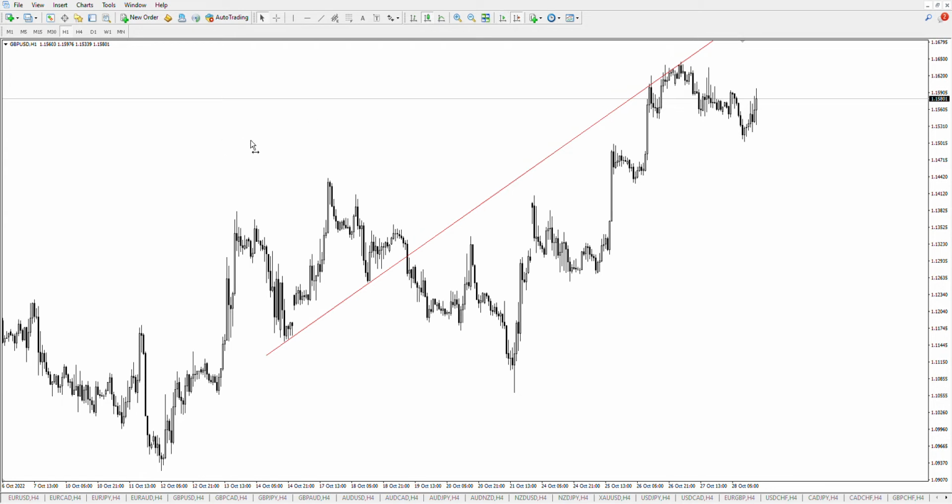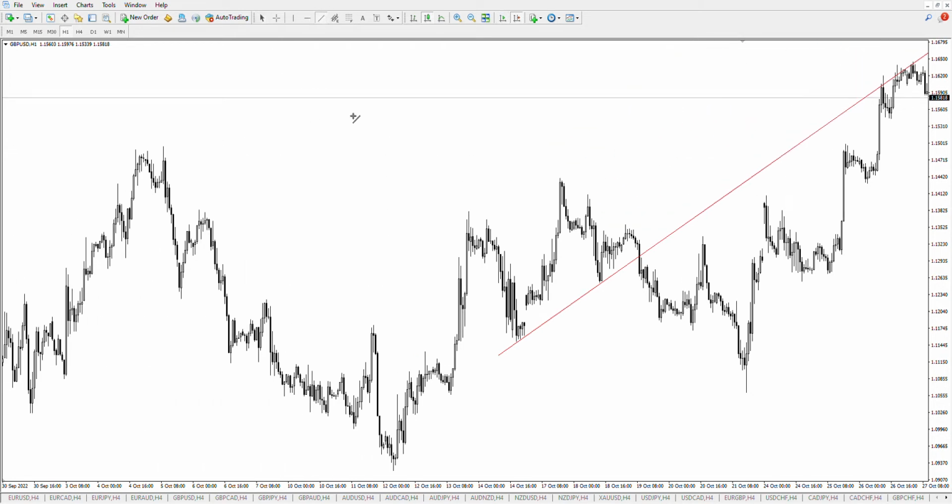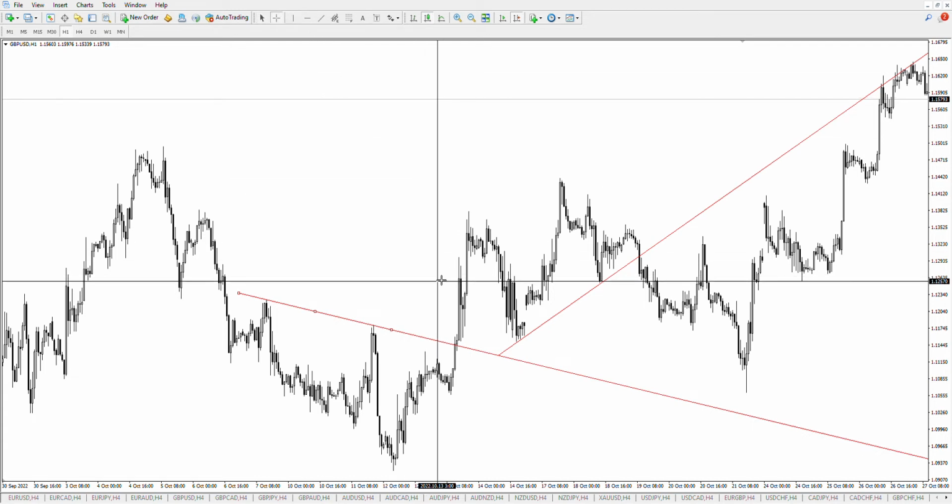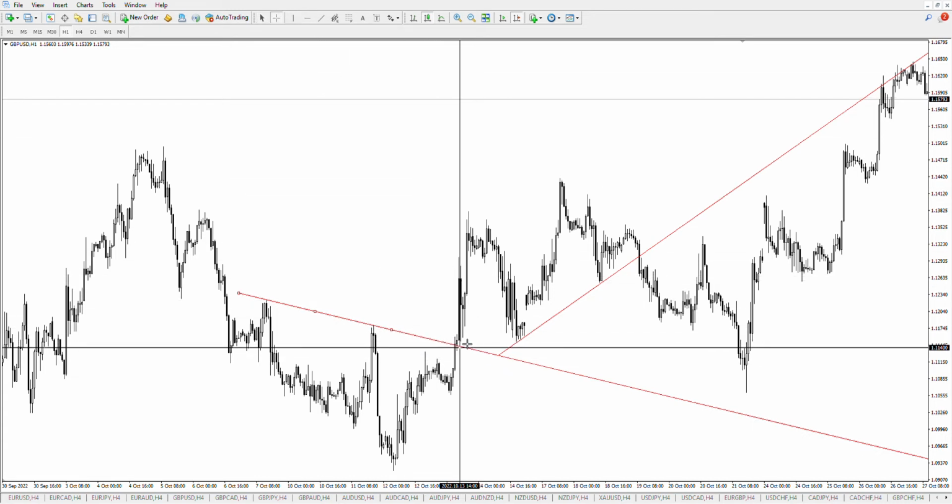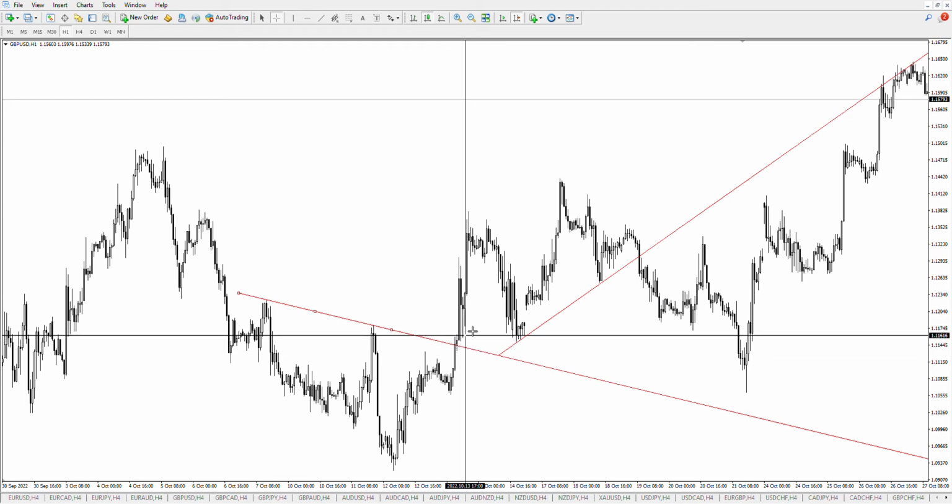Let's go here. We connect two lower highs. See, by the shadows. Tom Demark taught to do it by the shadows. And this is the breakout candle, which didn't have much shadow.